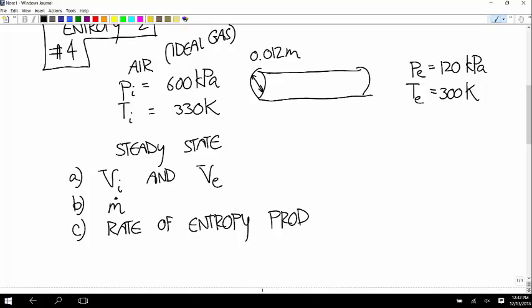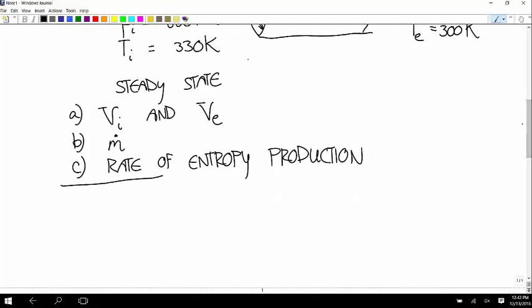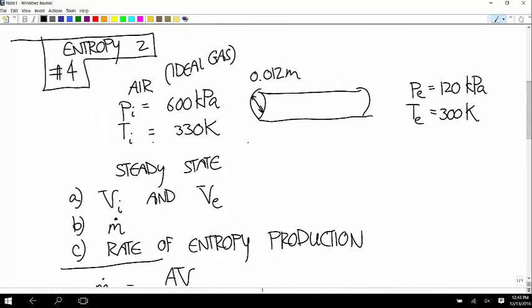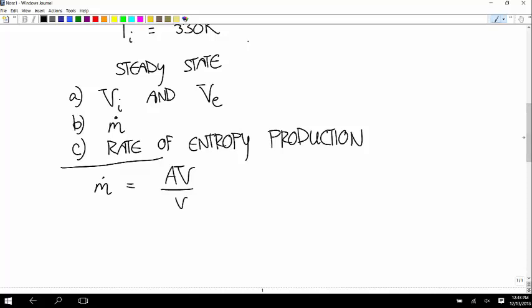It seems like the easiest way to do it, because we know that m dot is equal to the area times the speed divided by the specific volume. And we're given everything we need to use the table at the inlet and the exit, so we can just look up that specific volume.